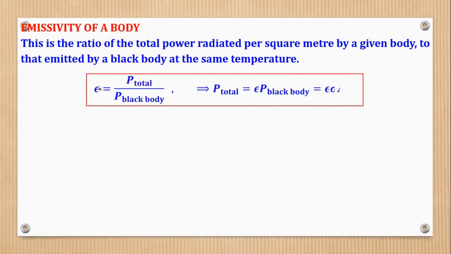Therefore, emissivity is given by this symbol and is equal to total power over power emitted by the black body. That means that when I cross multiply, total power is equal to emissivity times the power emitted by the black body. And we saw that power emitted by the black body is given by this. So what you do, you add on this emissivity to get the total power.